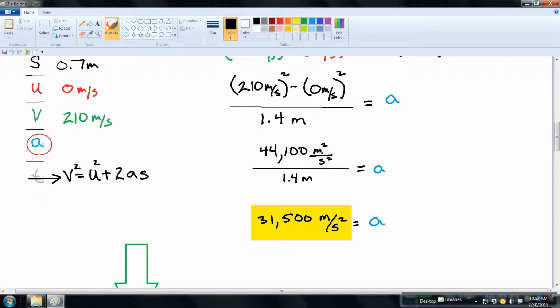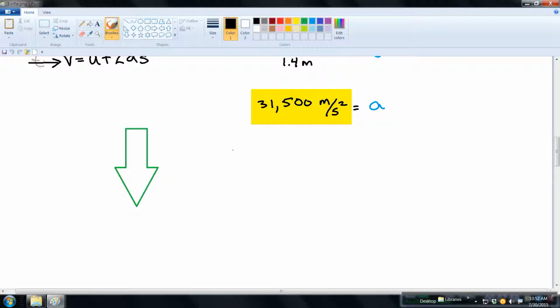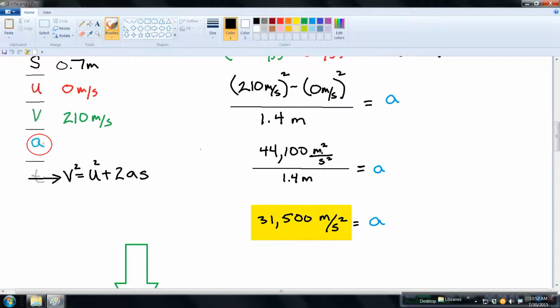I'm going to address how to cancel these out more easily in the next video, but for right now we'll move on. So our answer anyway, after we did the math, is 31,500 meters per second squared, which seems like quite an acceleration, and it is.